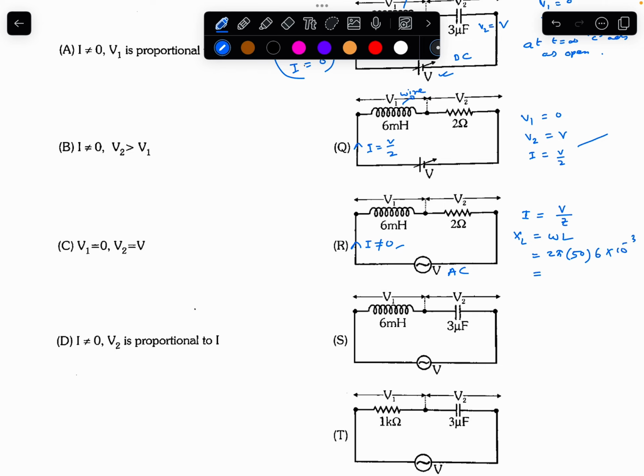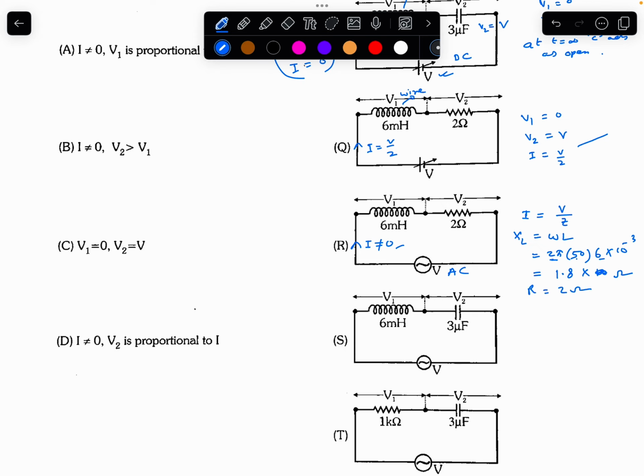Okay. So solving this, 2 pi into 6, 2 into 50 is 100, 6 into 3 is 18. So you get approximately 1.8 ohm. And what is R? R is 2 ohm.